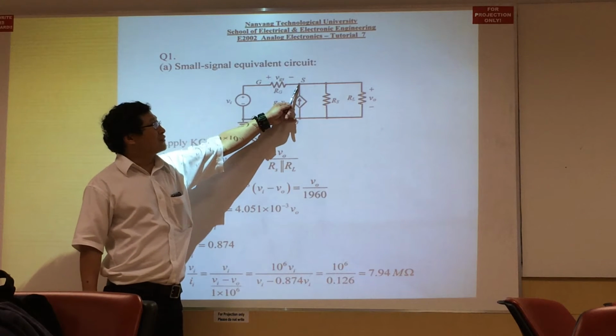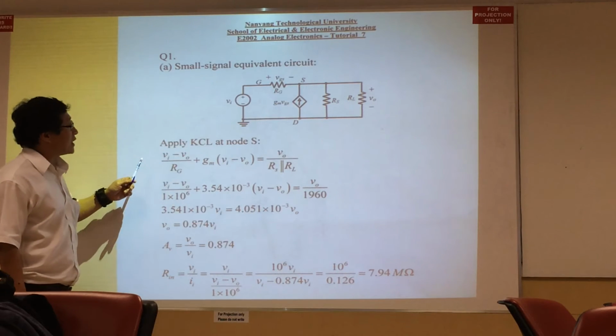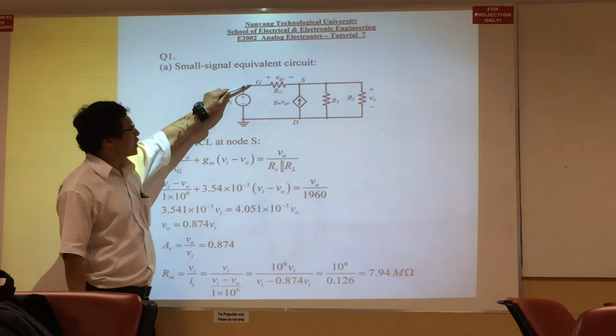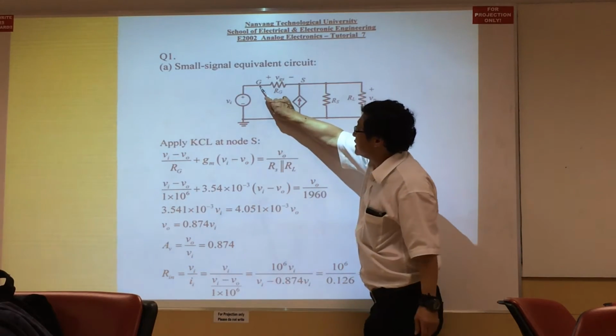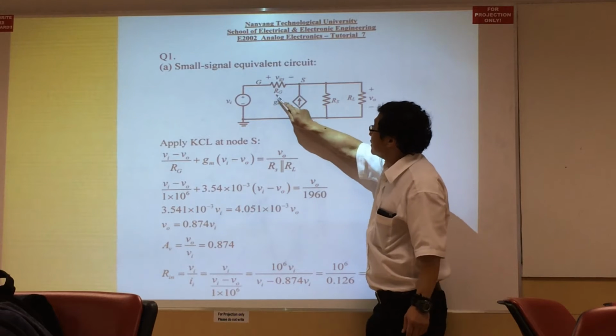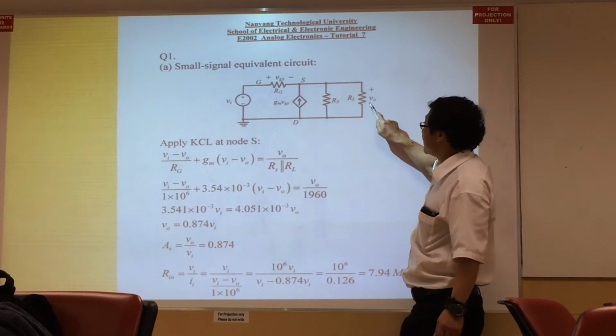You do a summation of current at the source. The current running through your RG is (Vin minus Vout) over RG, where Vin is at the gate and Vs is at the output.